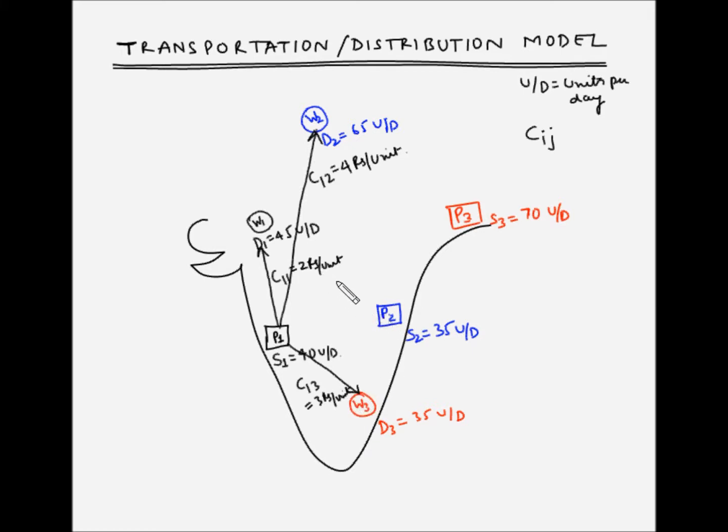Similarly, from P2 to W1 is 5 per unit. So C21 is equal to 5 rupees per unit. P2 to W2 is rupees 6 per unit.